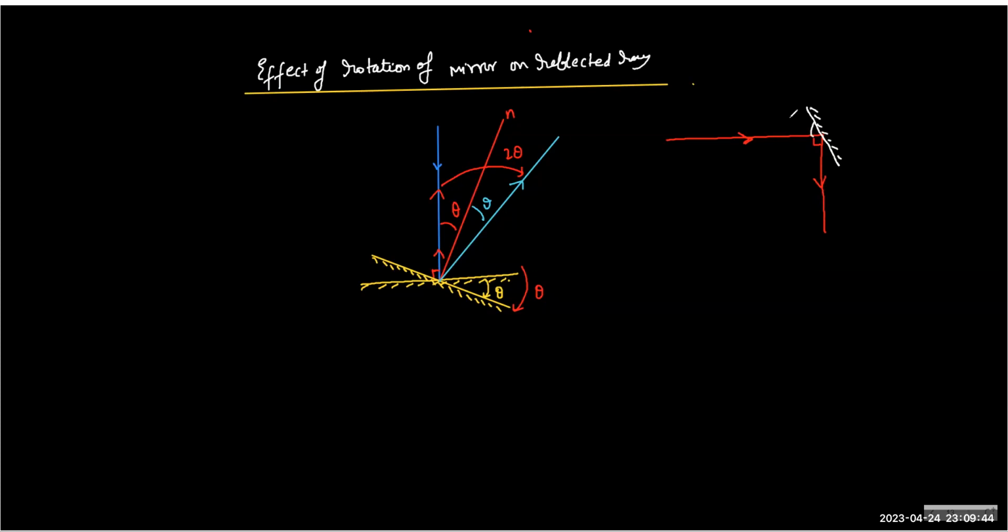To turn the reflected ray this way, I must turn the mirror by half the angle this way. So I must turn the mirror by 45. So what you are supposed to do is imagine a mirror normal to the incident ray and then check how much you need to turn to get the new direction. Clear?